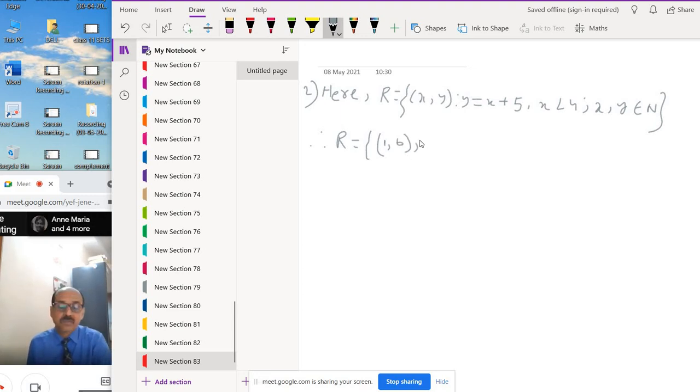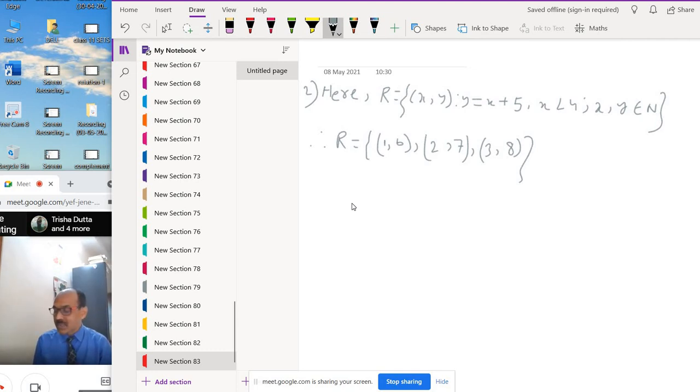Then take x equal to 2, then y equal to 2 plus 5 is 7, so (2, 7). Then take x equal to 3, so 3 plus 5 is 8, (3, 8). Because x is less than 4, we cannot take 4. So this is the relation R: (1, 6), (2, 7), (3, 8).